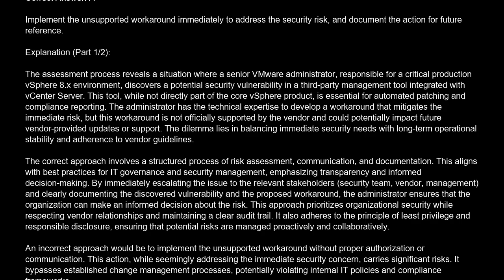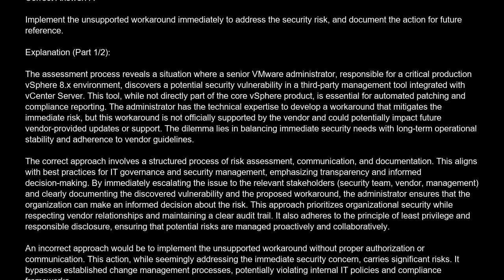This approach prioritizes organizational security while respecting vendor relationships and maintaining a clear audit trail. It also adheres to the principle of least privilege and responsible disclosure, ensuring that potential risks are managed proactively and collaboratively.